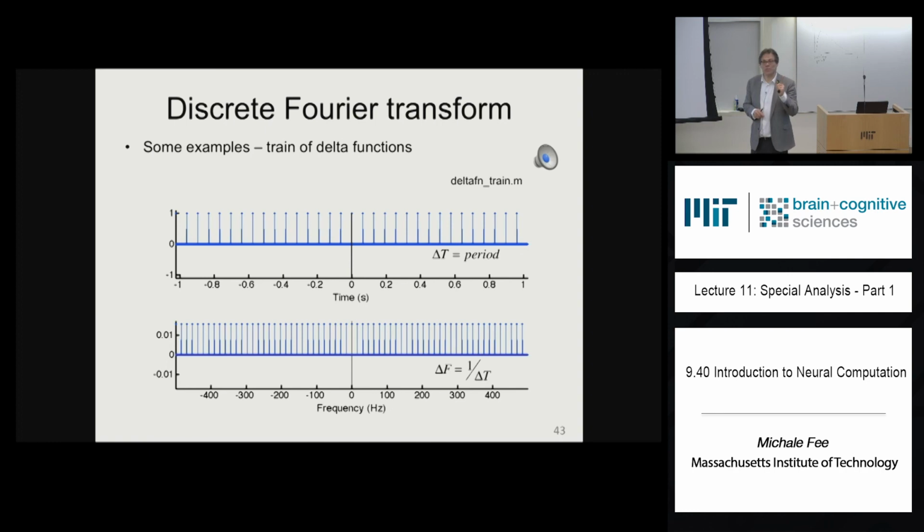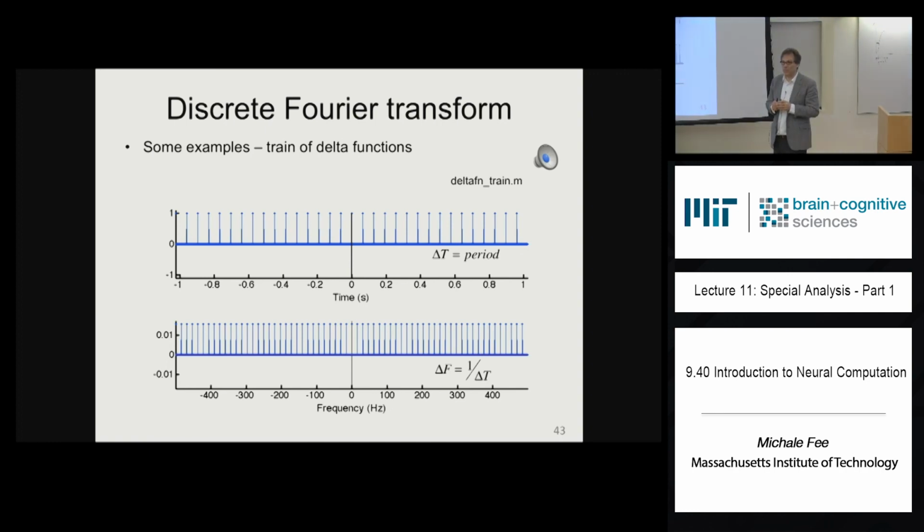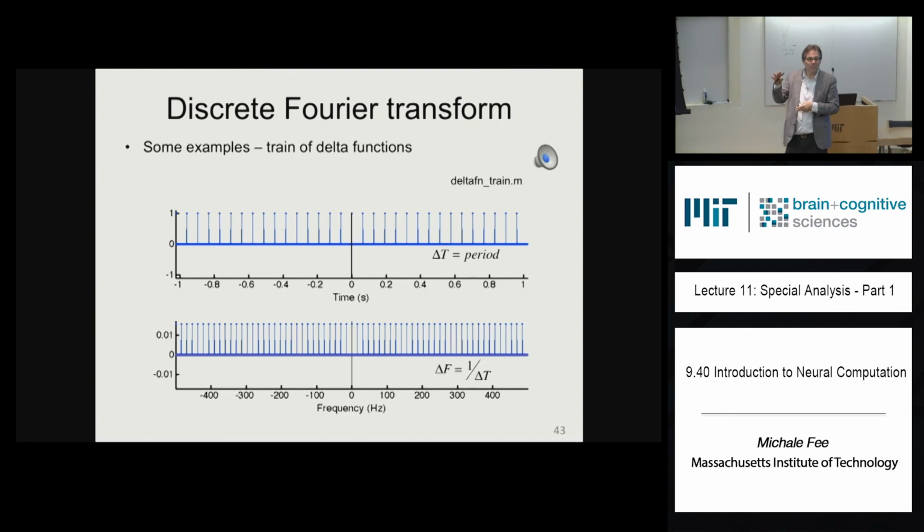So the first Fourier transform pair that you need to know is that a constant in the time domain is a delta function in the frequency domain. A delta function in the time domain is a constant in the frequency domain. A train of delta functions in the time domain is a train of delta functions in the frequency domain, and vice versa, right?